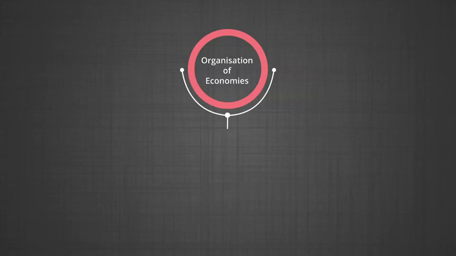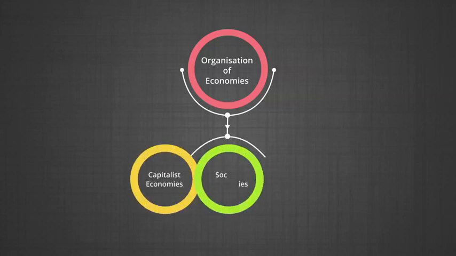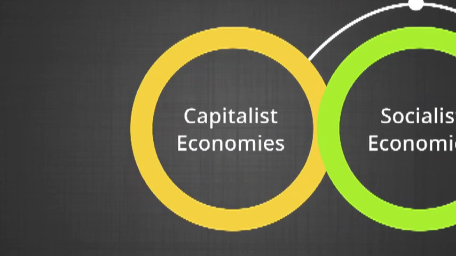Let us now talk about the organization of economic activities. There are different forms of economy where the question of what to produce, how to produce, and for whom to produce are dealt differently. Let's take a look at these economies. The first of these, and the most usual, is the market or the capitalist economy.